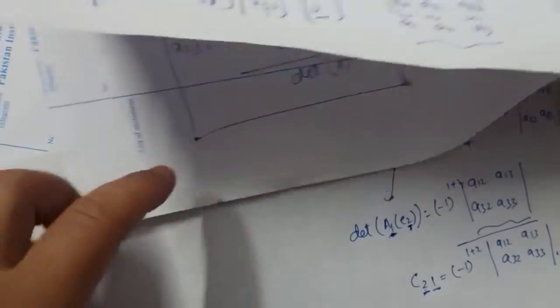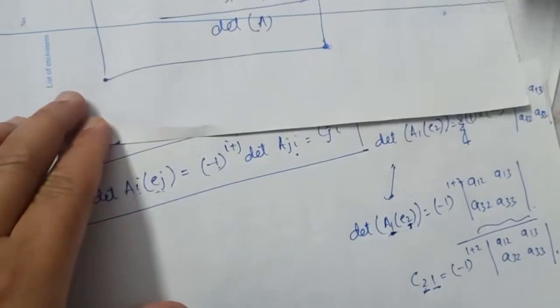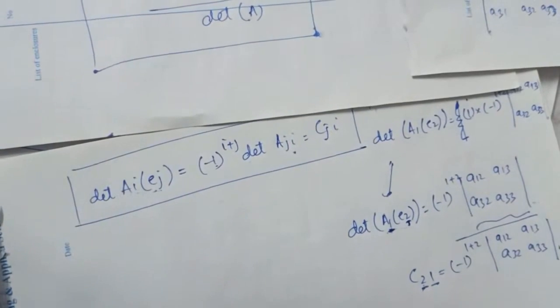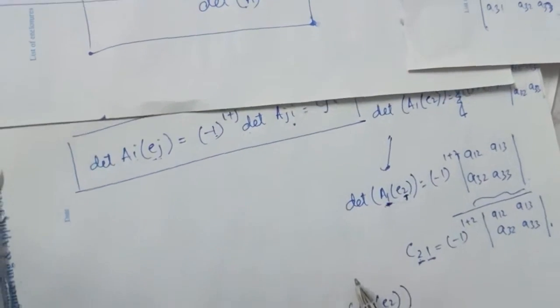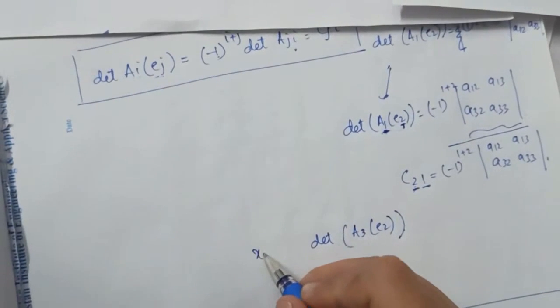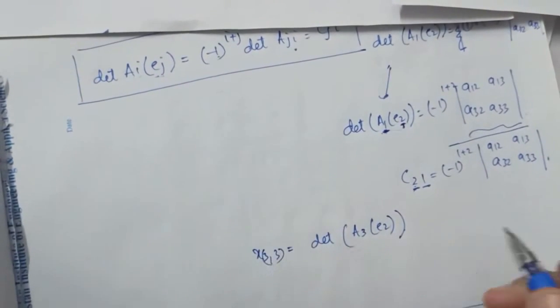So for example, I can write it for the determinant of A3 E2, which can be used to find x32.